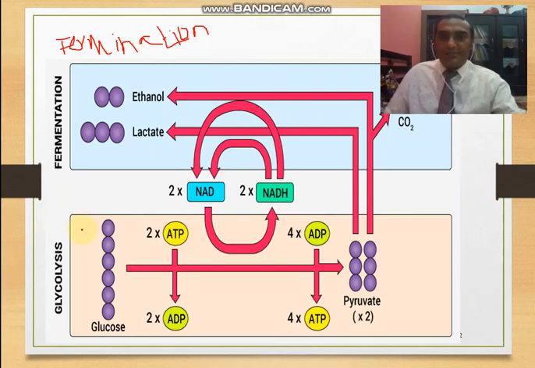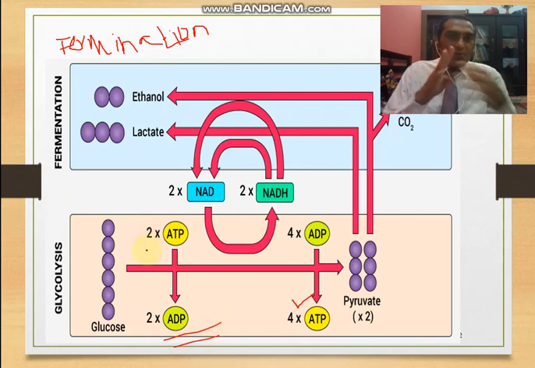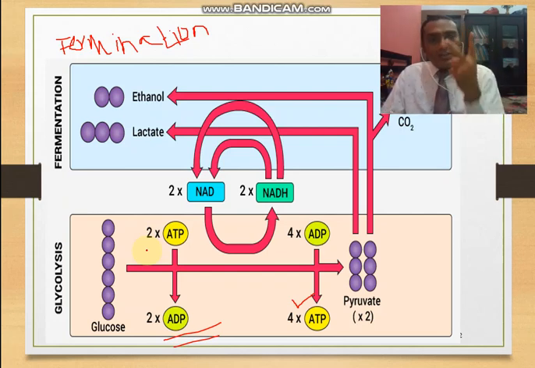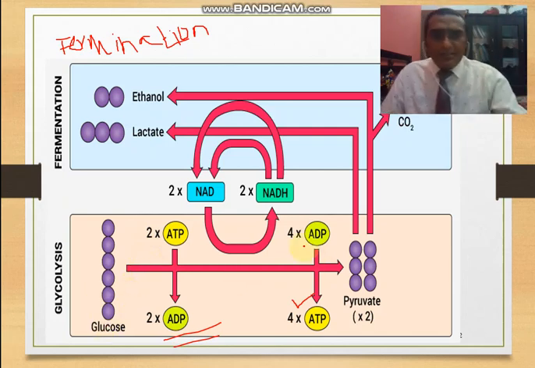Here you can see this is the glycolysis process. Glycolysis produces 4 ATPs while 2 are utilized itself. One glycolysis process requires 2 ATPs to start the breakdown of glucose, while the whole process produces 4 ATPs. So it utilizes 2 ATP and produces 4 ATP.